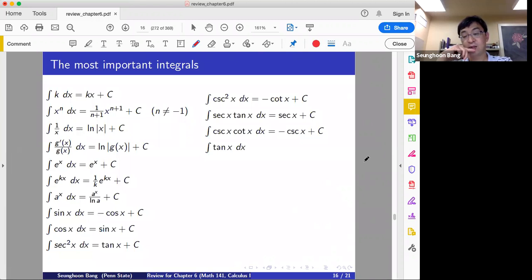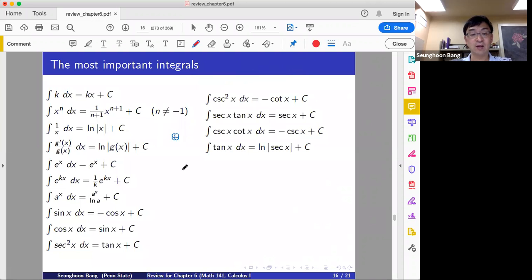Secant squared x plus c? So really be careful here. What is the tangent prime? Yes, secant squared of x. The integral of tangent x is ln of the absolute value of secant.